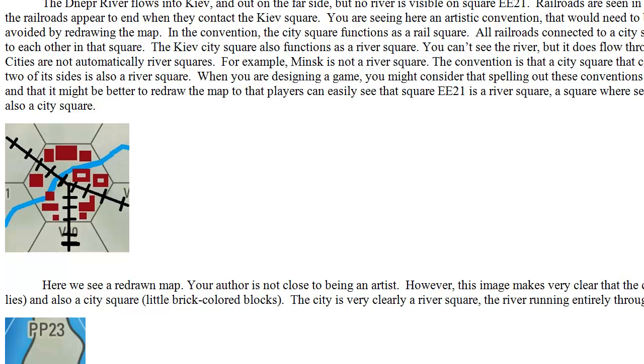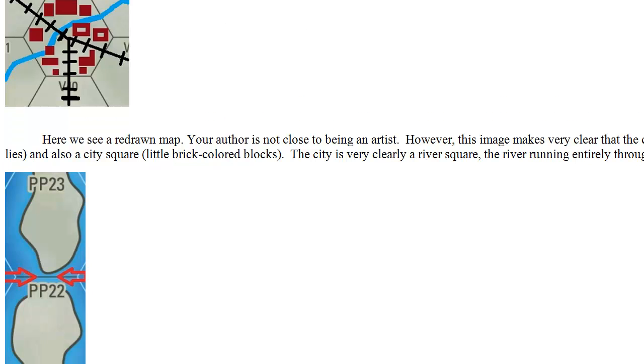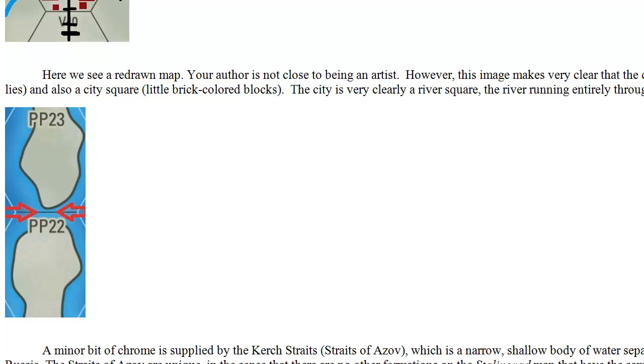One more terrain feature. Here we see the Kerch Straits, described as the Straits of Azov. PP22 and PP23 are both coast squares. There's clear terrain here, there's water there. These two clear terrain squares do neighbor each other, but there's this blue line in the middle because there's a body of water here, the Straits of Azov.